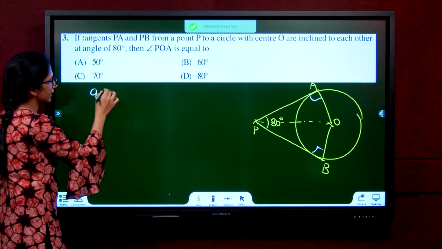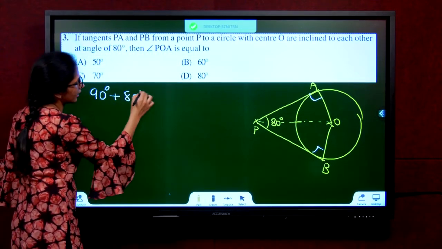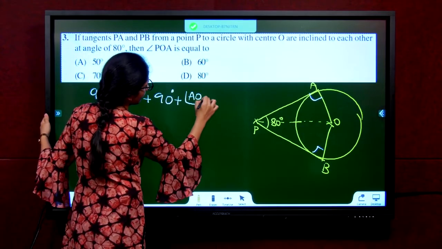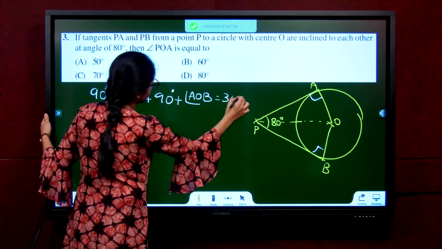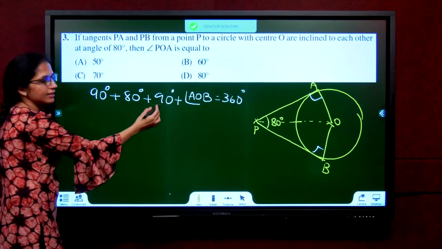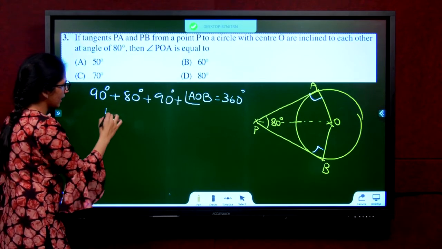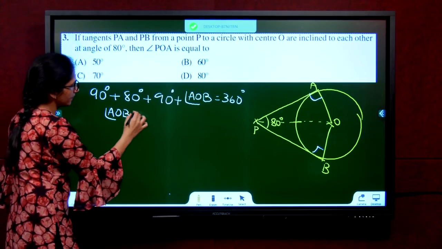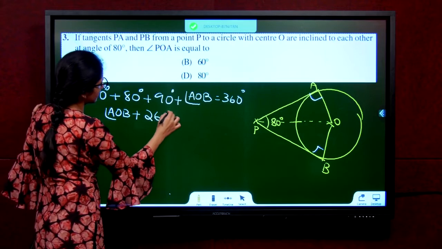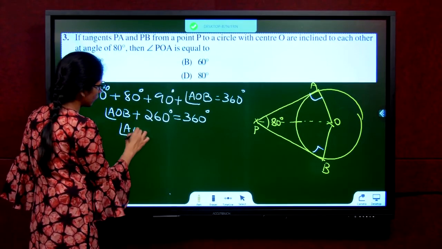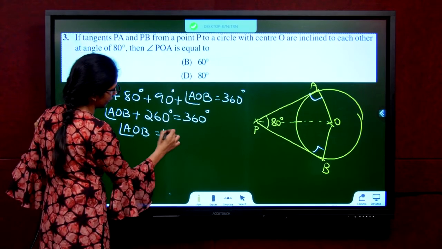So I will directly write 90 plus 80 plus 90 plus angle AOB is 360. 90 plus 90, 180, 180 plus 80, 260. Angle AOB plus 260 degrees is equal to 360 degrees. Angle AOB is 100 degrees.